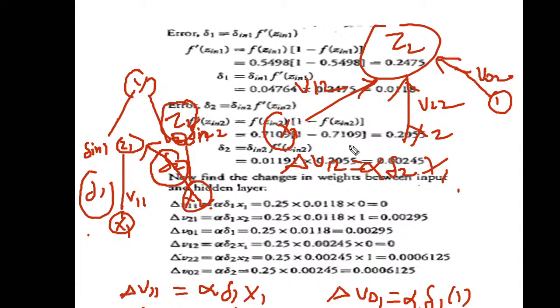From here delta 2 will come, so alpha into delta 2 into this X1. Similarly, for the change in weight of V22, delta V22 equals alpha into delta 2, and the input is X2, so multiplied by X2. Suppose I want to calculate V02, the change in V02 will be alpha into delta 2 multiplied by 1, so no need to write that. So these are the values.